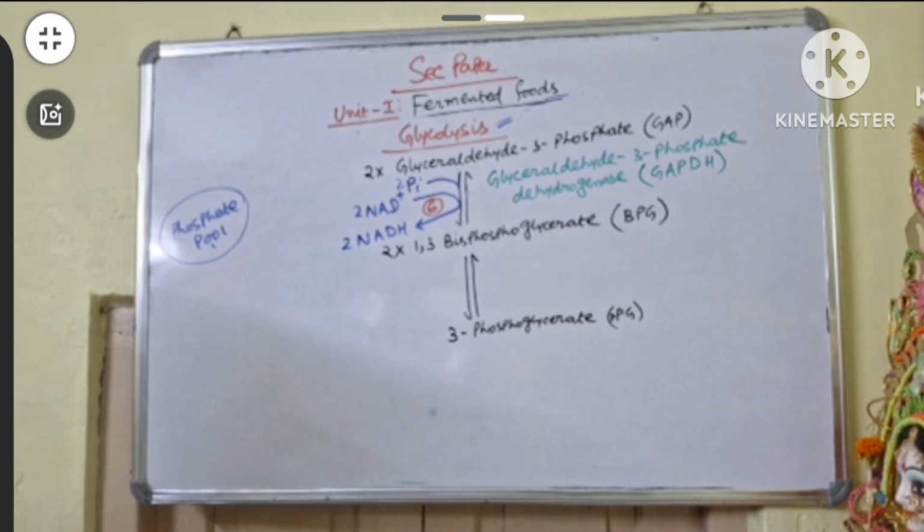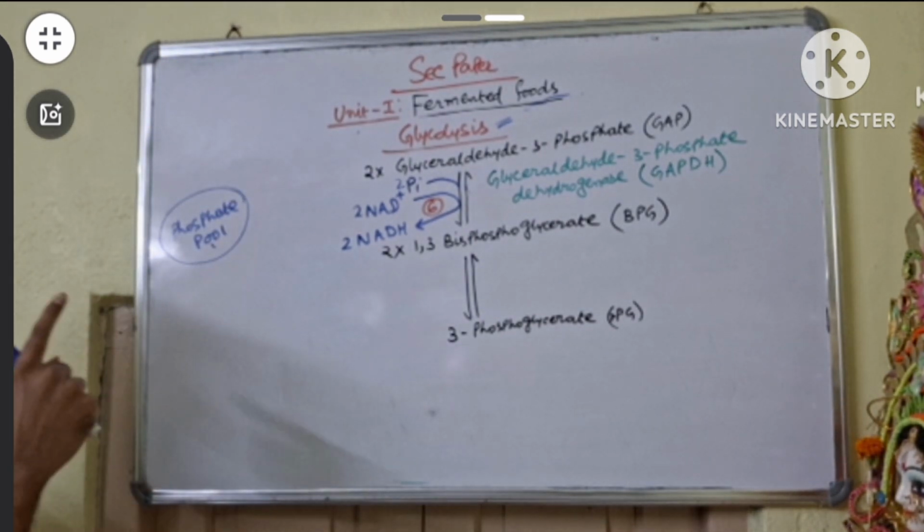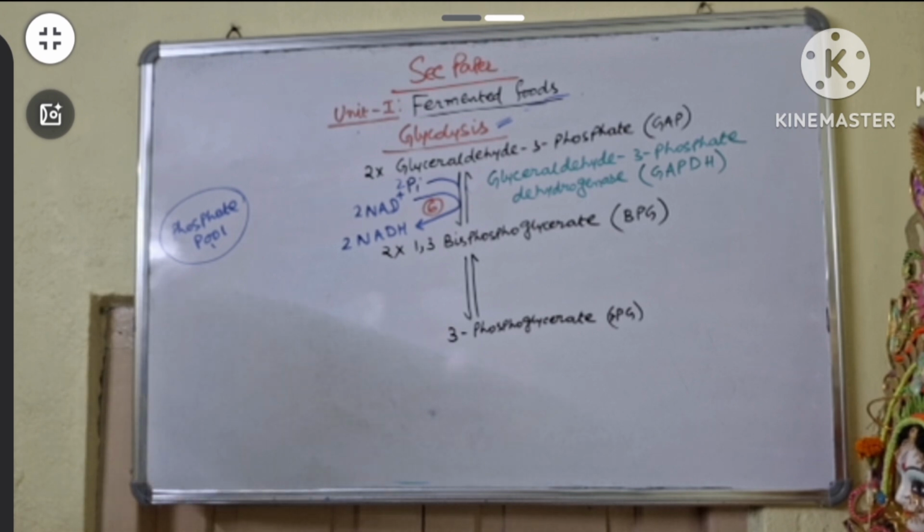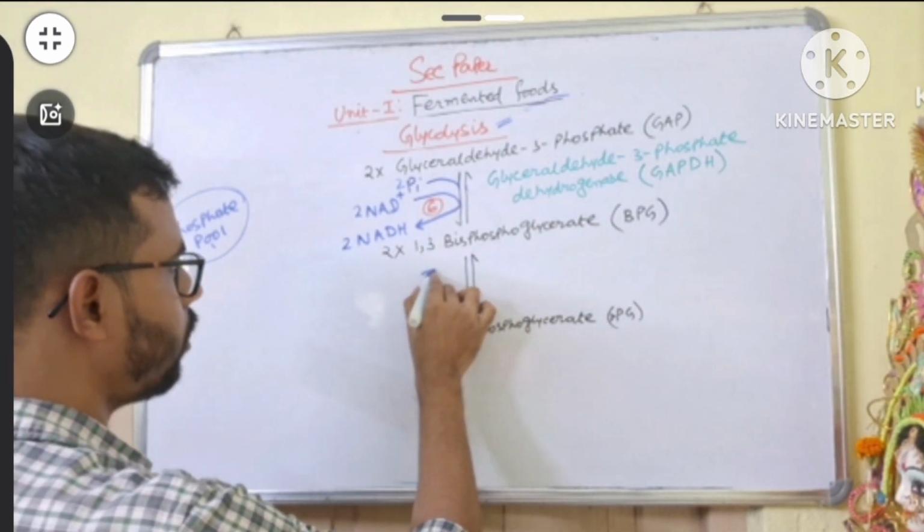Look at the product. The substrate is 1,3 and the product is 3. So one phosphate is eliminated, and the eliminated phosphate connects with ADP to form ATP. So this is the reaction step where ATP is formed.